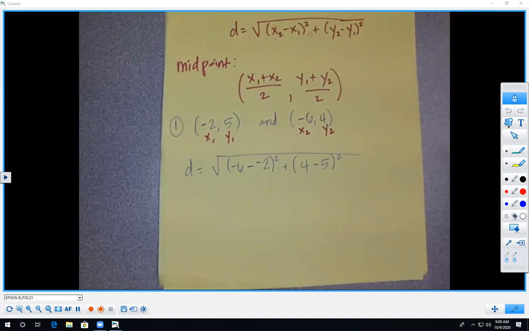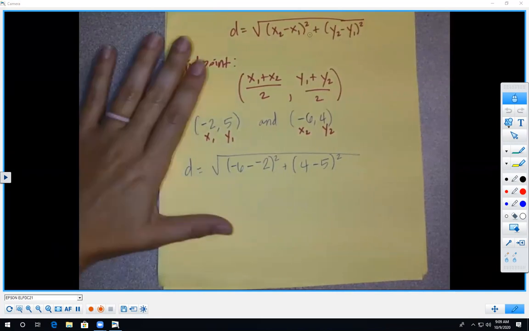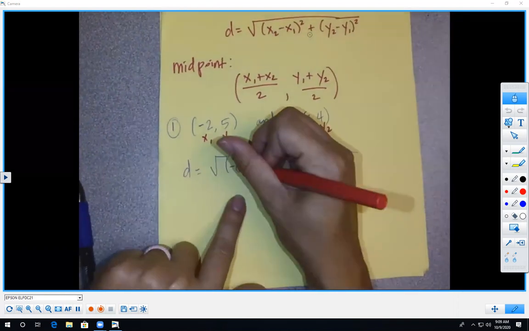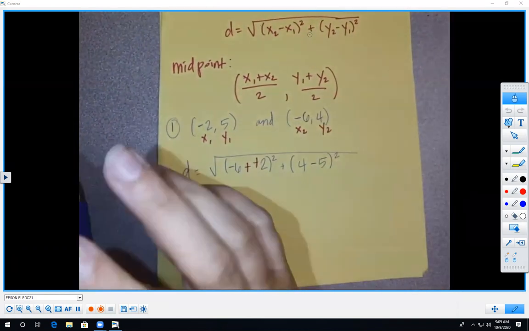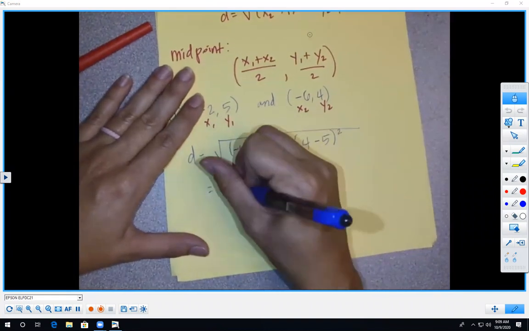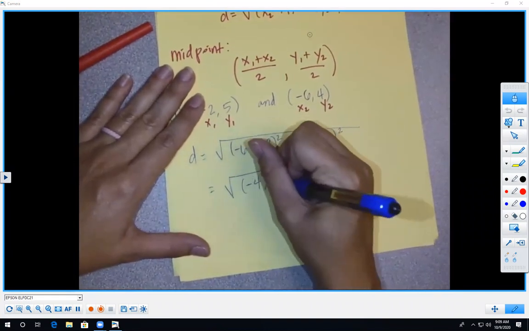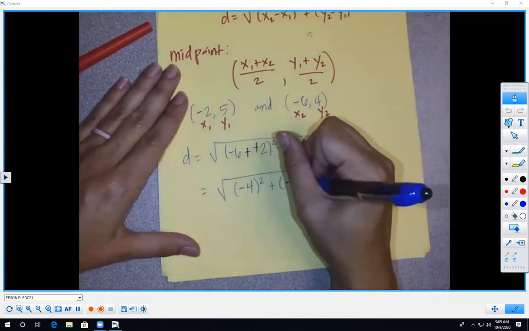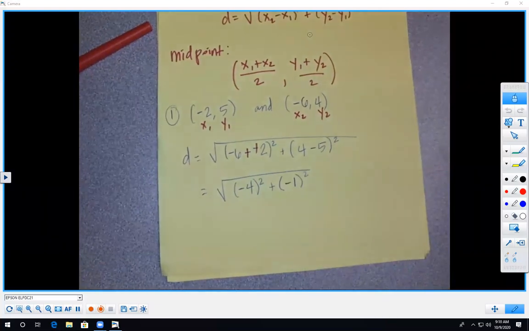We need to do what's inside the parentheses first, before we square it and then take the square root. So -6 minus -2: minus a negative is the same thing as plus a positive, so -6 plus 2 is -4. And then 4 minus 5 is -1. So I'm left with the square root of (-4) squared plus (-1) squared.